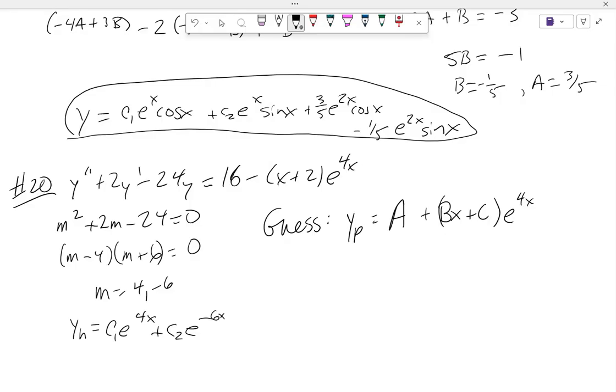Notice I didn't just use, even though when you differentiate an x e to the 4x, you'll get a constant e to the 4x out. I didn't just put a bx e to the 4x, I needed this constant piece too, because if I differentiate, I don't know that my b is going to match in both of those places, right? I might need something else to adjust it. Okay. So I really do need an arbitrary bx plus some arbitrary c to start with.